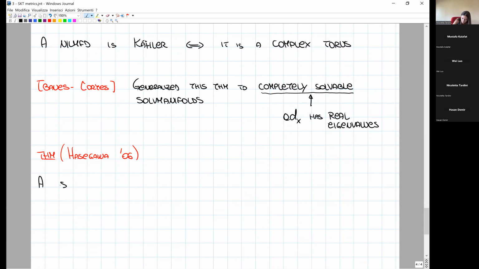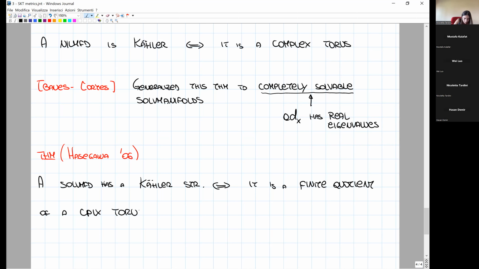He proved that a solv manifold has a Kähler structure if and only if it is a finite quotient of a complex torus, which has the structure of a complex torus bundle over a complex torus.